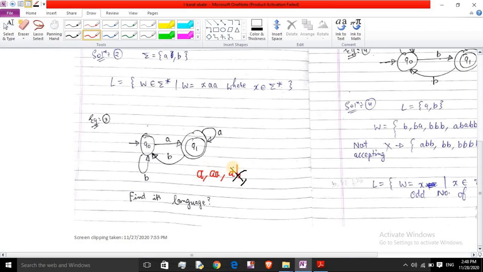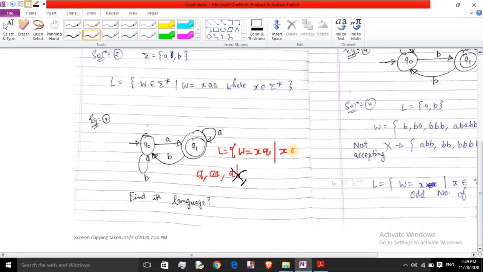So now what is the language of this machine? The language of this machine would be like this: x concatenated with A, such that x belongs to sigma star.